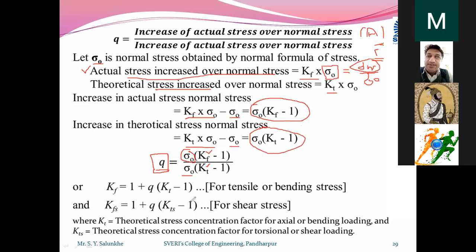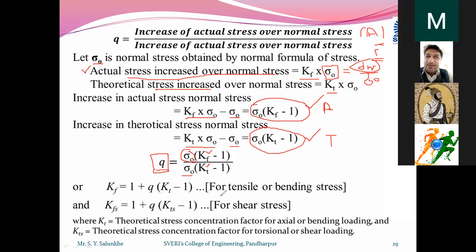This is also a dimensionless quantity, which we get when we divide the actual stress increase over the normal stress by the stress increase in theoretical condition, where we consider the theoretical stress concentration factor, while the actual stress concentration factor is calculated with experimentation.